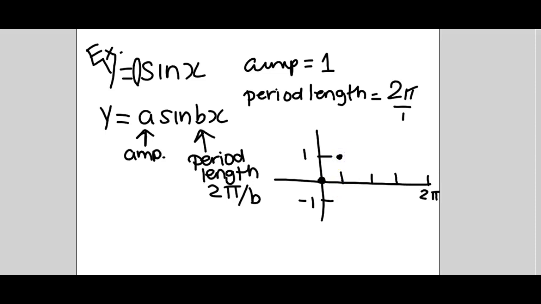Then you go back to the x-axis. Your third mark is down to your minimum value, and then you end it off at your period length. Then the cycle will repeat. So your picture is going to look like this for a sine graph.